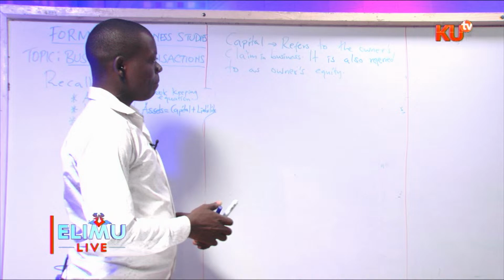If, for example, your business had a capital base of 200, and you make drawings of 50, then the new capital will be 200 less 50, which is 150 shillings. Therefore, drawings, students, have the effect of reducing capital.